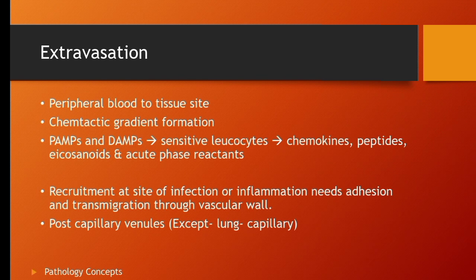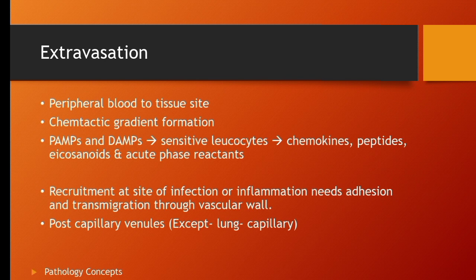Certain surface structures found on pathogens, called pathogen-associated molecular patterns, PAMPs, in case of infection, and endogenously released surface structures after cell damage, called damage-associated molecular patterns, DAMPs, in case of cell death, are sensed through receptors like pattern recognition receptors, PRRs.